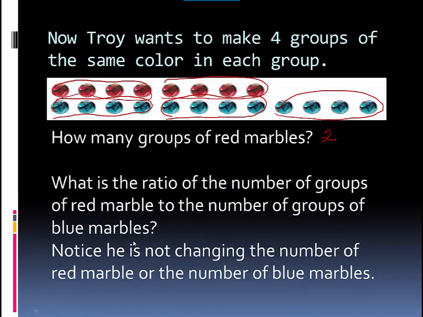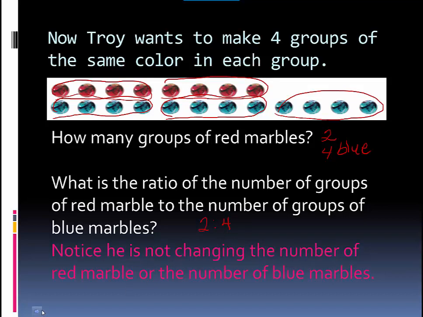What is the ratio of the number of groups of red marbles to the number of groups of blue marbles? Well, for the blue marbles, he has 3 groups. So the ratio is 2 to 3. Again, notice he is not changing the number of red marbles or the number of blue marbles.